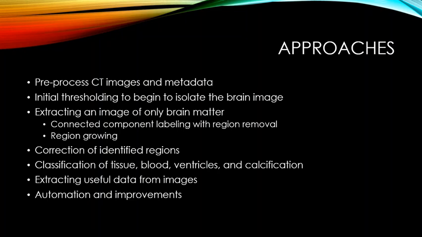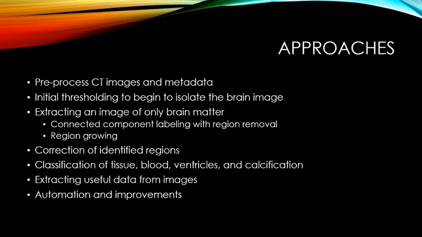Then we were able to extract the image of only brain matter via two methods: connected component labeling with minor region removal, and the second method we utilized was region growing. We will be discussing the differences between the two, and pros and cons.